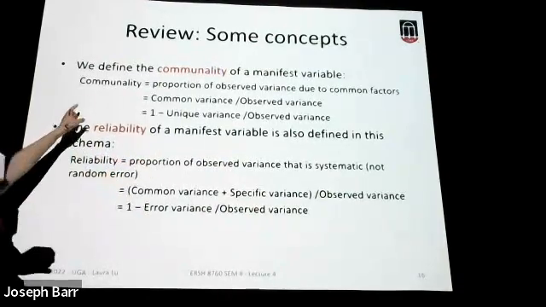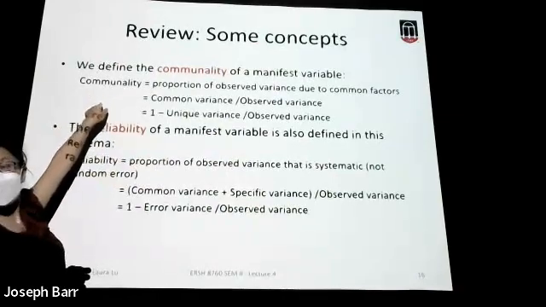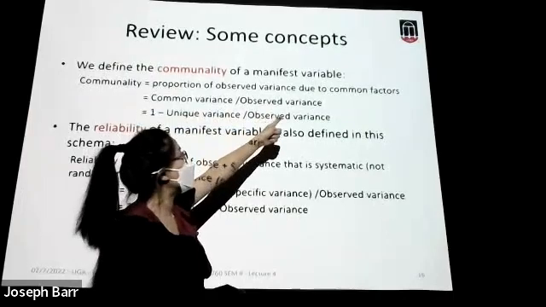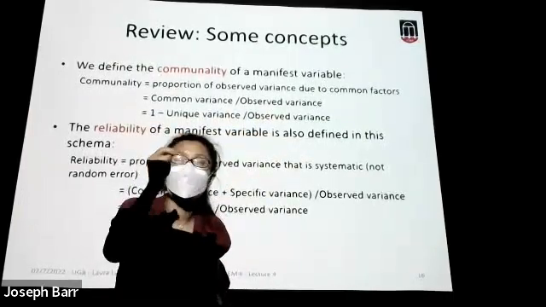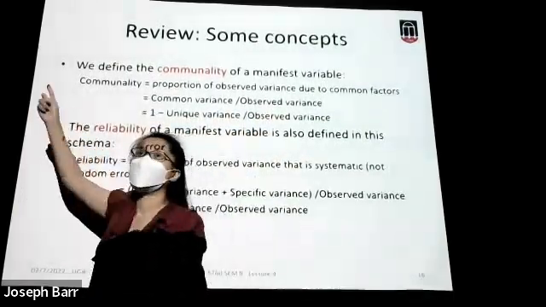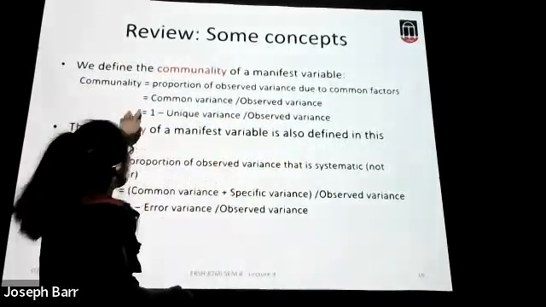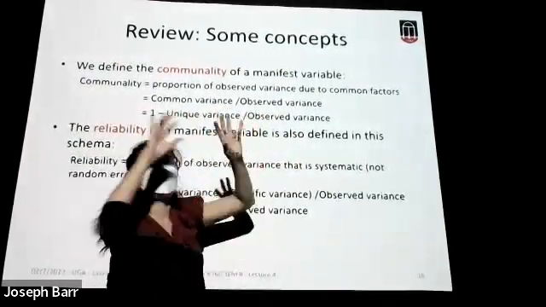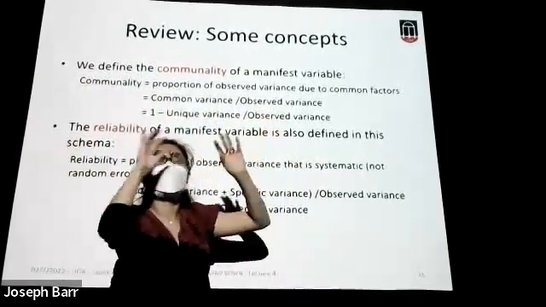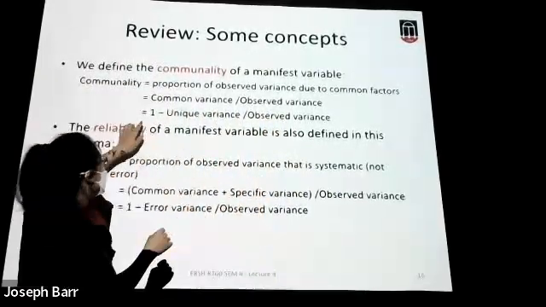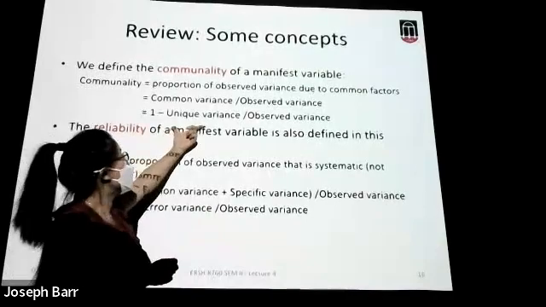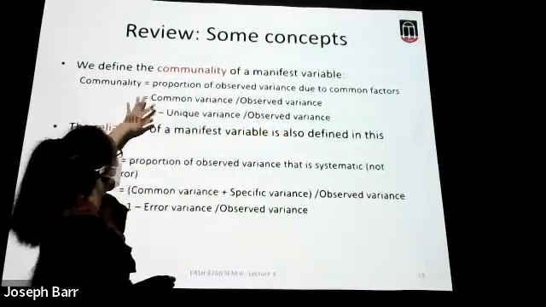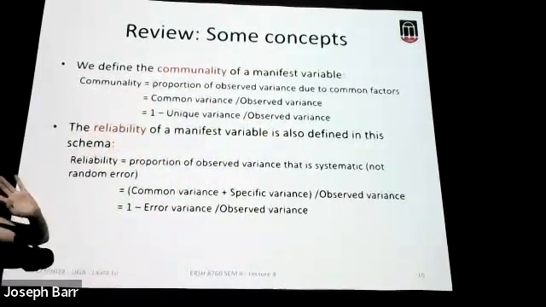So we gave a definition of communality. The communality is the proportion of the observed variance due to common factors. That's why it's called communality, common factors. So the form is common variance divided by the total or observed variance. Or you can use 1 minus the unique variance over the total variance. Either formula is called the communality.